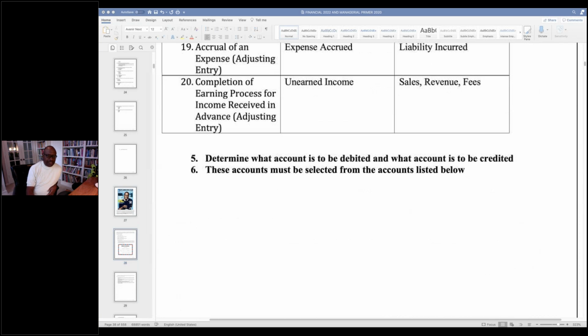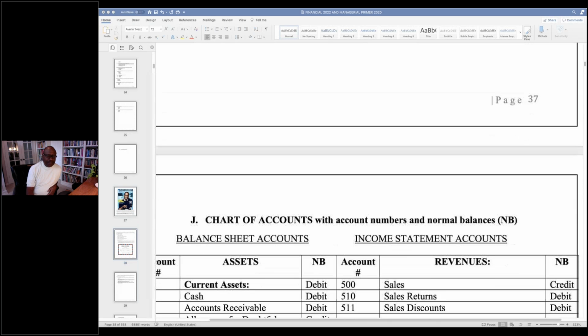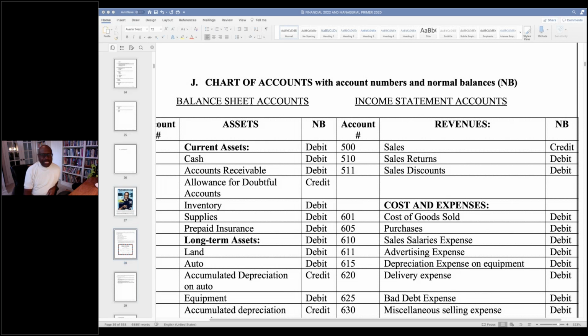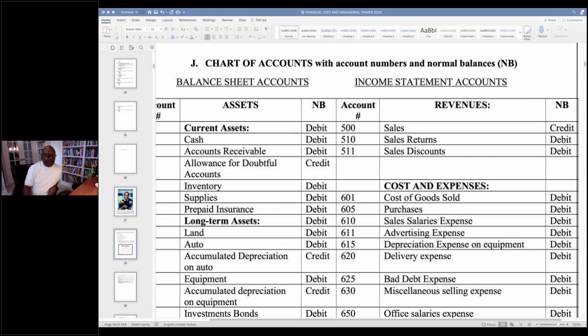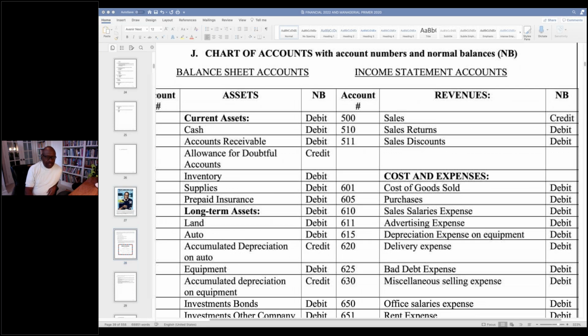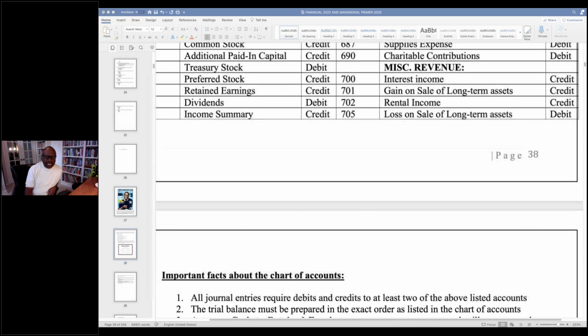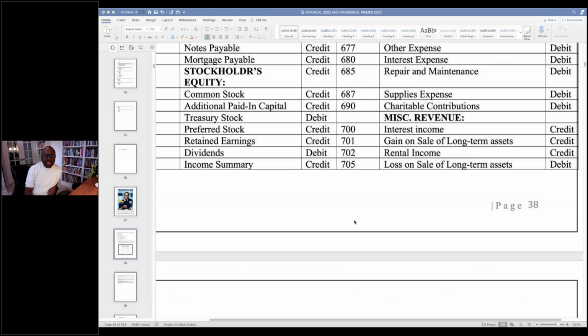Any questions? No, sir. Okay. Here's your chart of accounts. See, y'all picked it up so well. And we said you don't create accounts, you have to find an account on here. I think we had to create one once for income taxes, maybe.